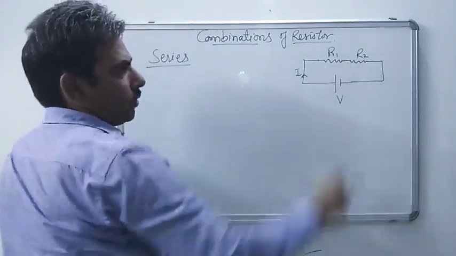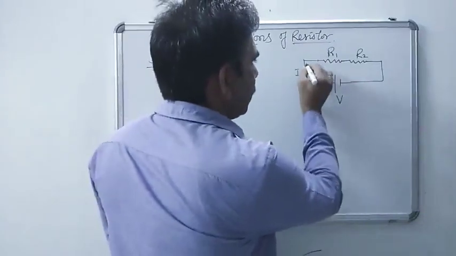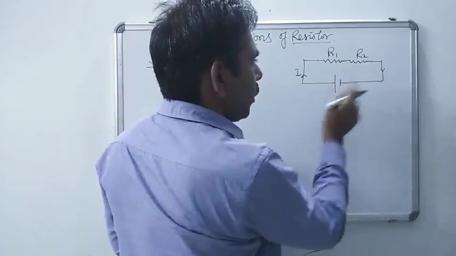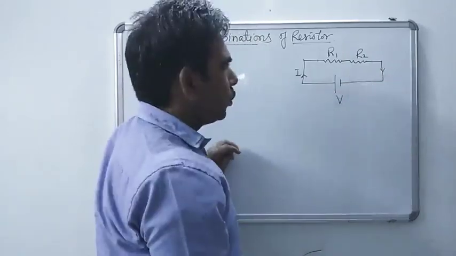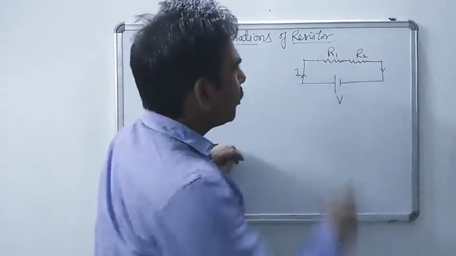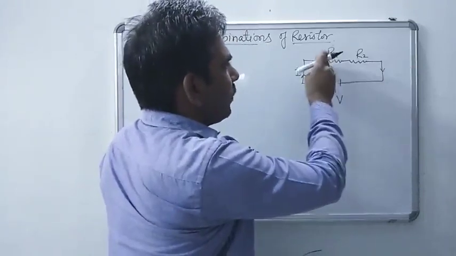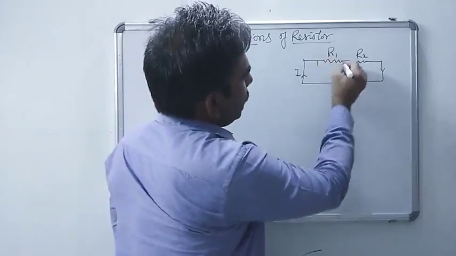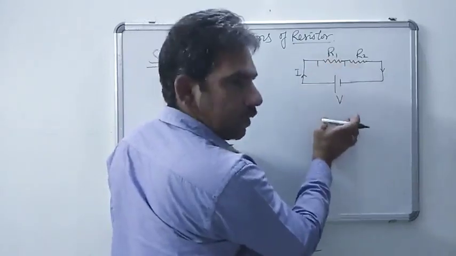So in this situation we see that current I will flow through both of these resistors, means the same amount of current will flow through these two resistors, because current has only one path. But the values of these two resistors may be different. Suppose that they are different, then they will draw different potentials from the source.